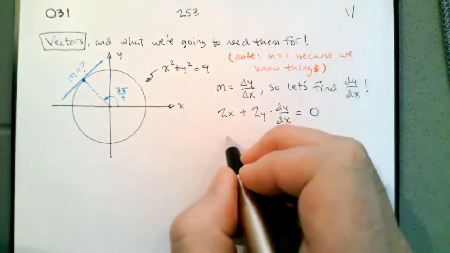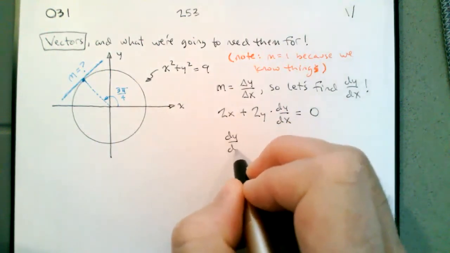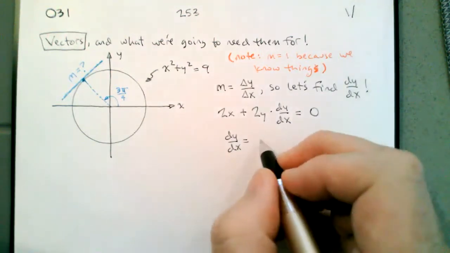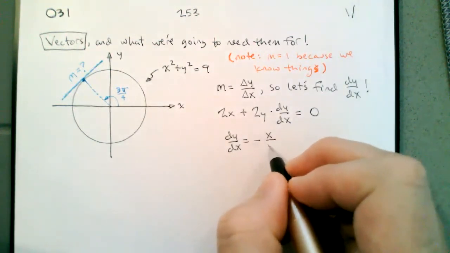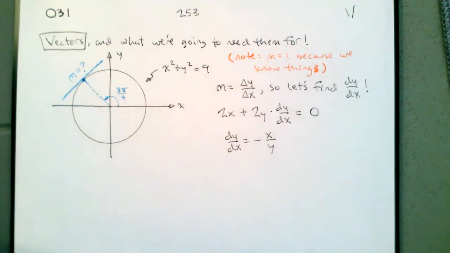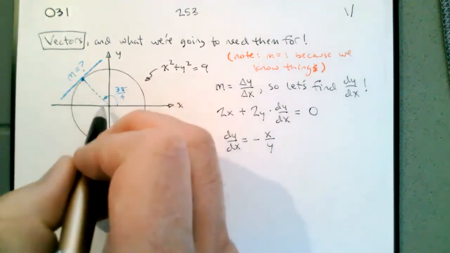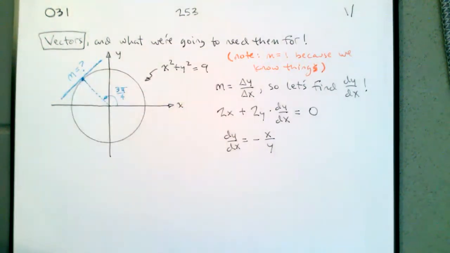Now we can solve for dy dx. We'll subtract the 2x and then divide by a 2y. So we'll have minus x over y. Then we'll just have to plug in this point. And the coordinates at this point, they're going to be the same distance, but x is negative and y is positive. So on this line, x is negative, y is positive.